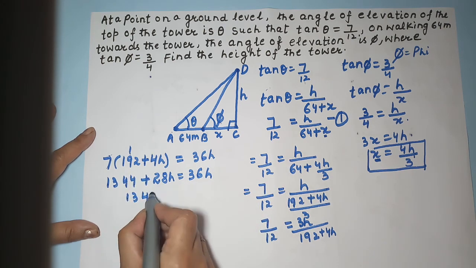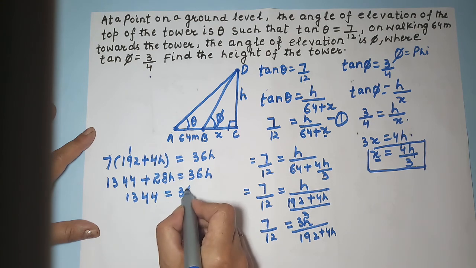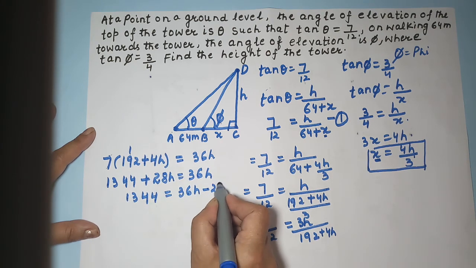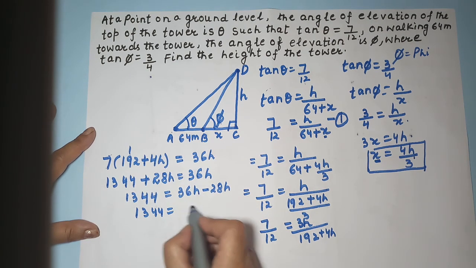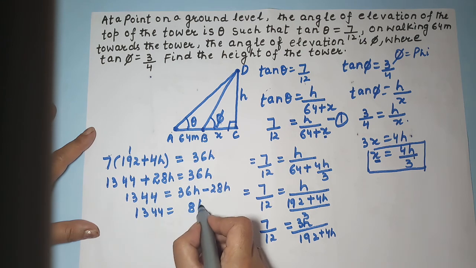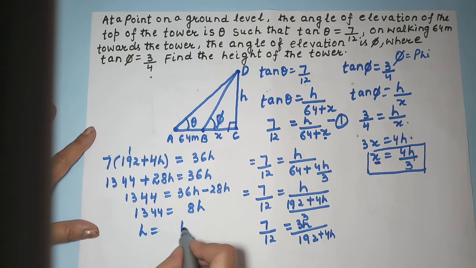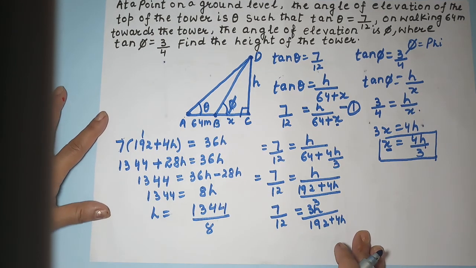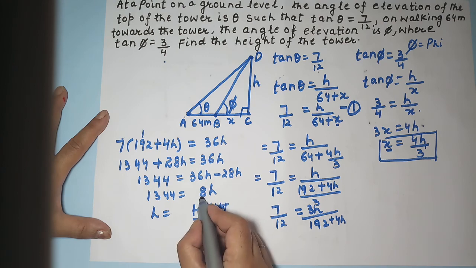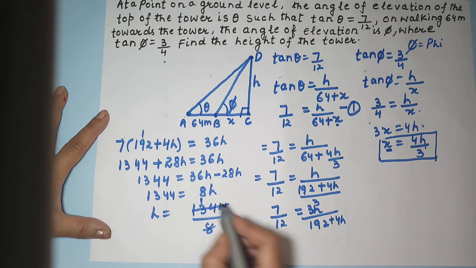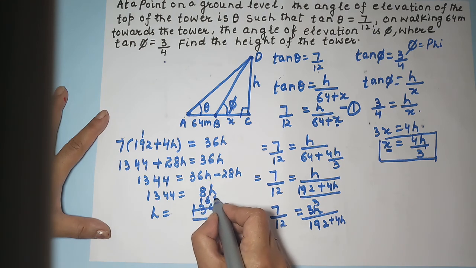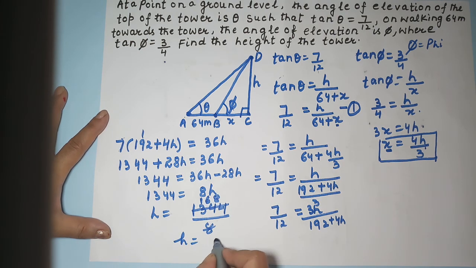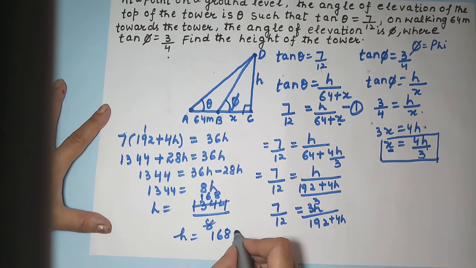I am left with 1344 is equal to 36h minus 28h. So 1344 is equal to 8h. So my h is equal to 1344 divided by 8, right? So how much is that? 8 1s are 8 and 5 8 6 are 48, 8 8s are 64. So I got h as 168 meters.